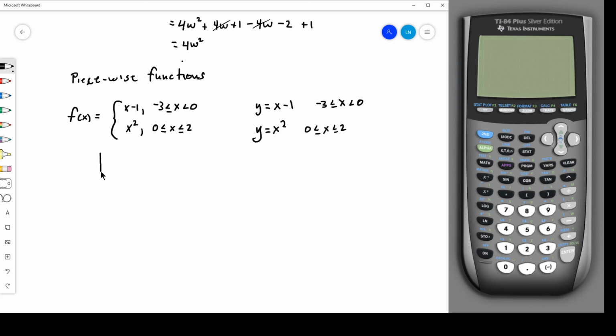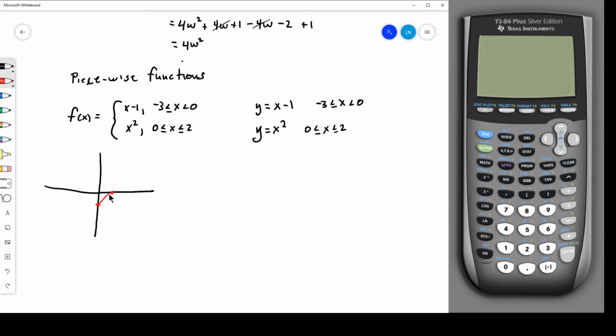So if I were to come over here, I'm going to use red for my line. The line y equals x minus 1 has a y-intercept at -1, so down here at -1, and then a slope of 1, so up 1 over 1. It's going to cross at 1.